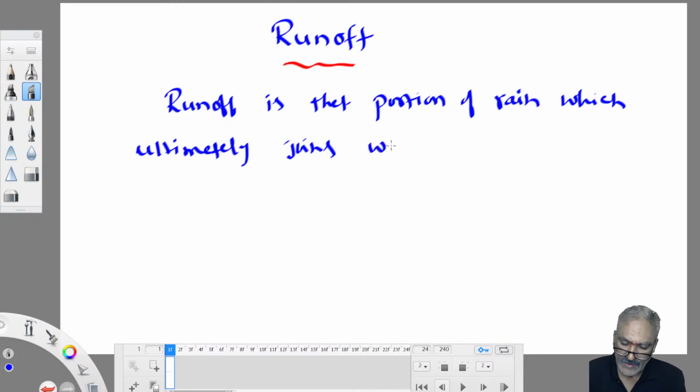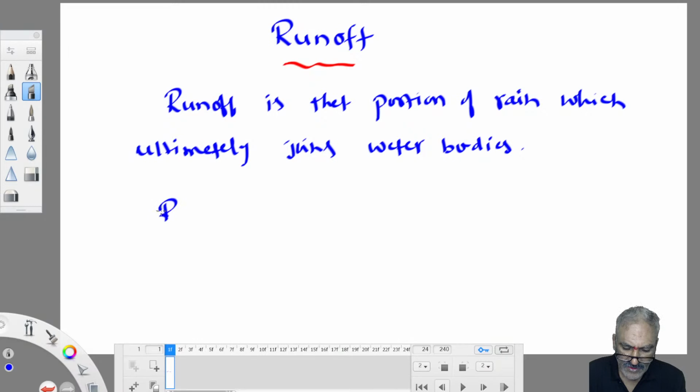Infiltration and runoff, these two topics are very, very important. That portion of rain which ultimately joins water bodies such as rivers, lakes, ponds, reservoirs, they're all water bodies, isn't it? They collect runoff from a catchment. So runoff is that part of rainwater which is ultimately drained into a water body.